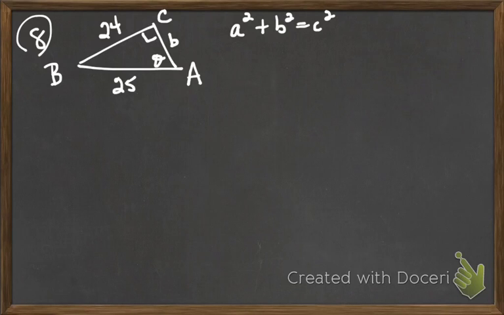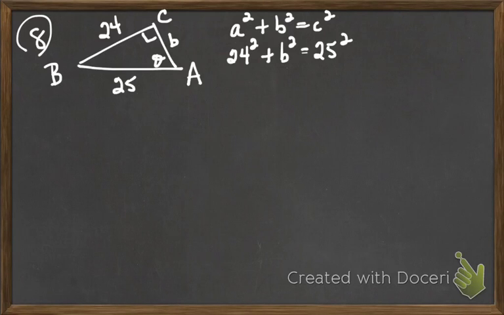So here you're going to have 24 squared plus B squared is equal to 25 squared. Or you could have a squared plus 24 squared. It really doesn't matter, but the 25 squared has got to be on the right-hand side. So we are all past Honors Algebra 2. On your calculator, I would do 25 squared minus 24 squared.